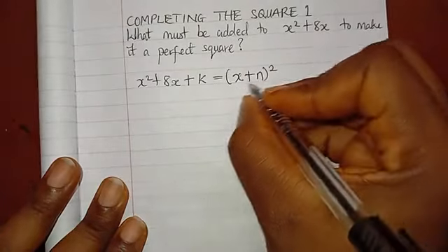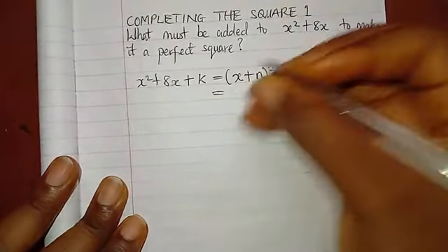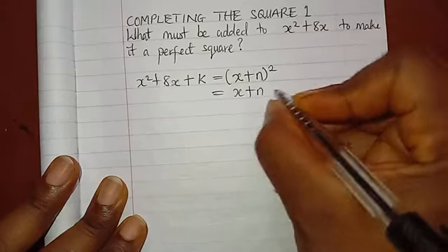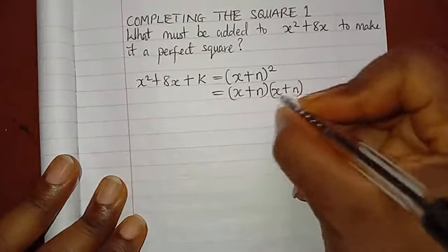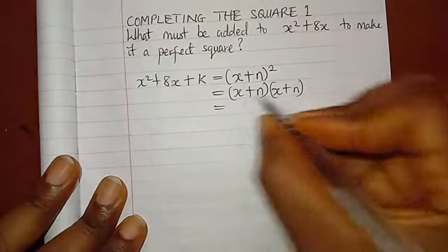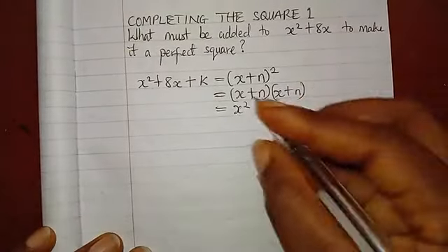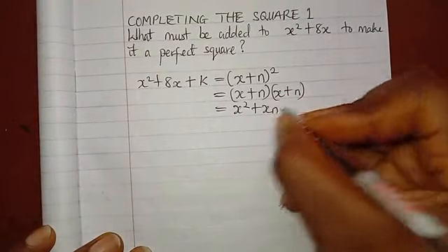To get that, we first of all spread out this part. So when we spread out this part, we mean x plus that certain number, squared, which means it's multiplying itself. When we do that, x times x is x squared. x times n is plus xn.